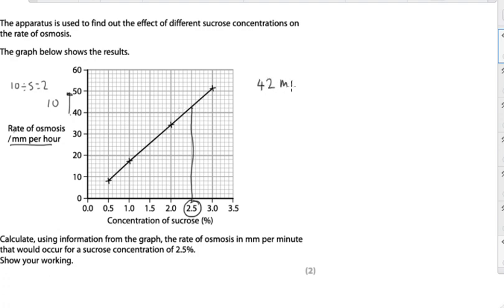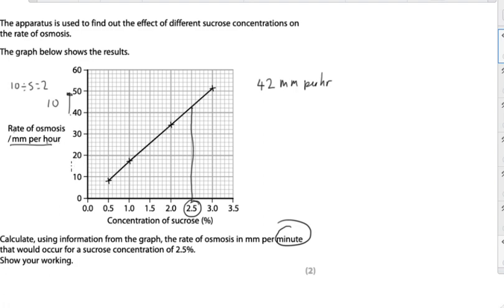42 millimeters per hour. Oh, so this is 42 millimeters per hour, and we want it in minutes. So this is something you really have to pay close attention to in these exams, is the units.